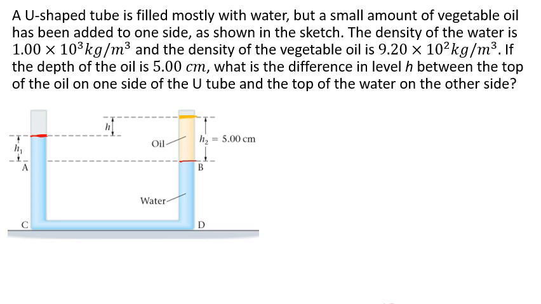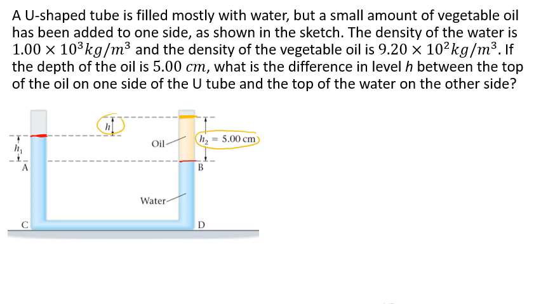If the depth of the oil is 5 centimeters, so the height h2 over here is 5 centimeters, what is the difference in level h between the top of the oil on one side of the U tube and the top of the water on the other side? So we have to find the height difference. That means we have to find this h value.